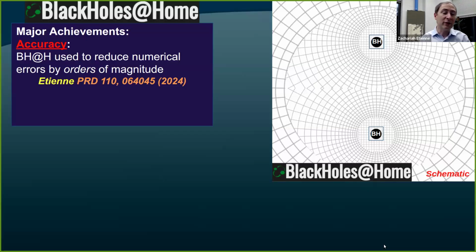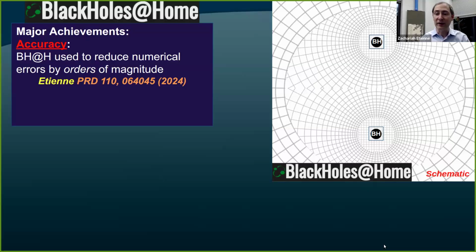So this is accuracy. This is without increasing numerical cost. These techniques, it's just a tweak to the gauge conditions, which are free to choose for the most part. But the overall cost is way less than 10% of the overall runtime. And you drop your numerical errors by orders and orders of magnitude.